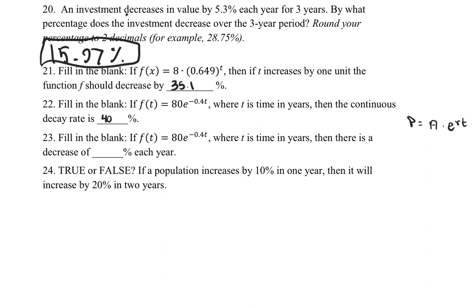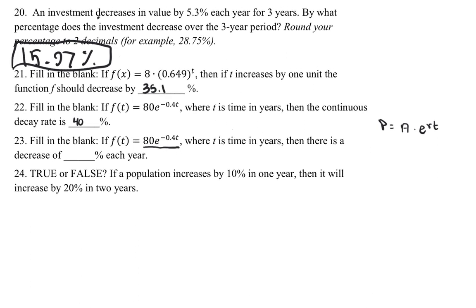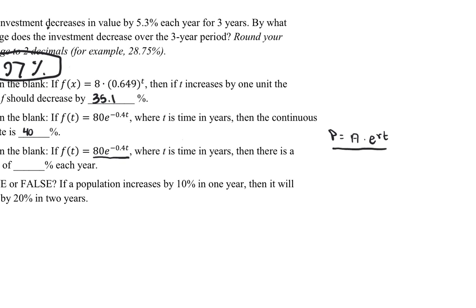Now for this next one, we have if f of t is the same function, t is the time in years, there's a decrease of blank percent each year. So now I guess we want to convert this continuous growth rate function to a compounded one, kind of like what we were doing earlier. The way we want to do that is to set up, using this as our formula, 80 times e to the negative 0.4t is equal to a times b to the t.